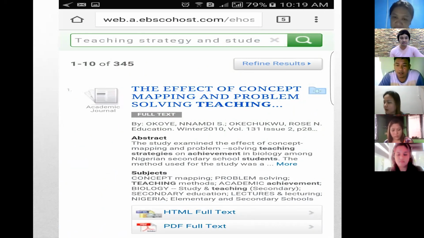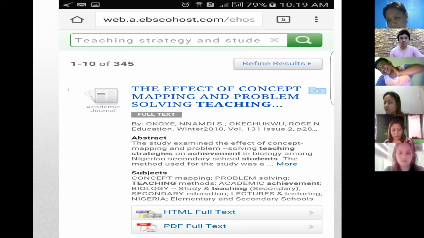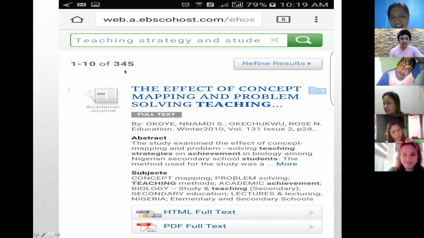Actually, sa masteral 50. Sa doctoral 100 na literature. So kung 100, may sukli pa kayong 245. Di na kayo nagbayad, sinuklihan pa kayo. Imagine niyo yan. Kumita pa kayo.